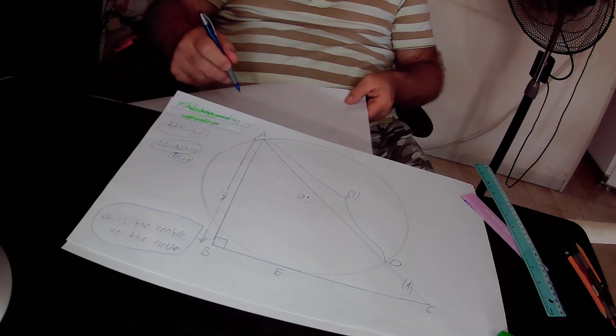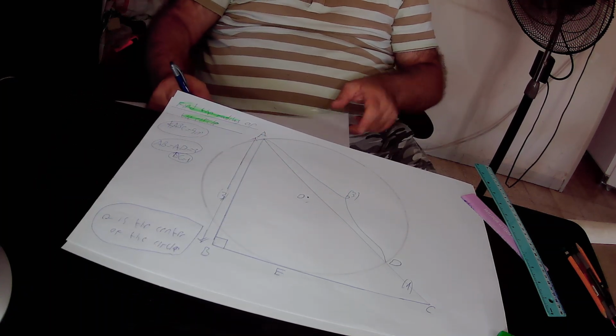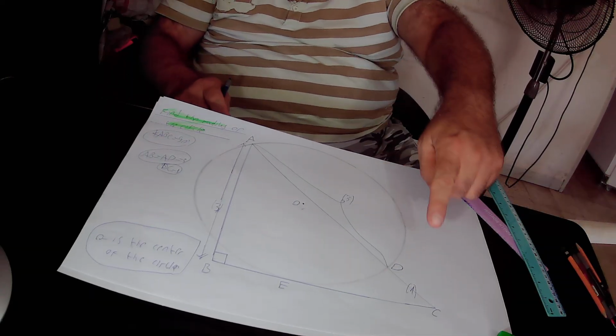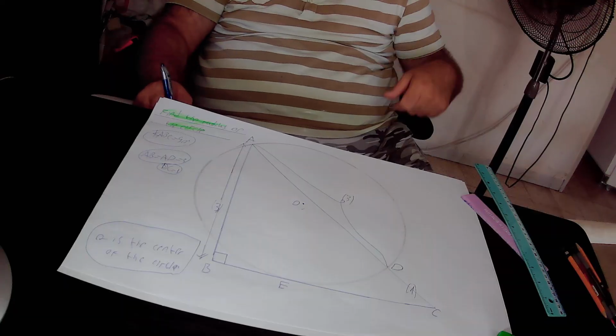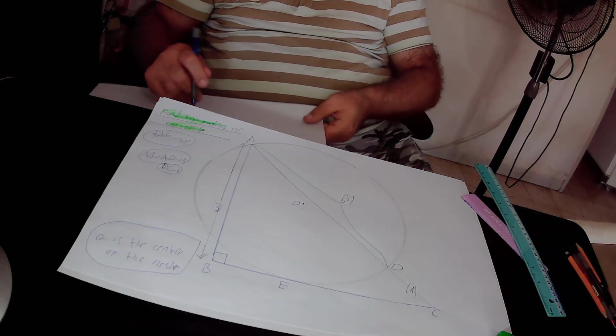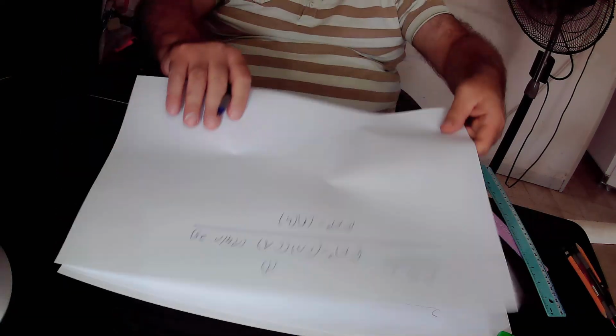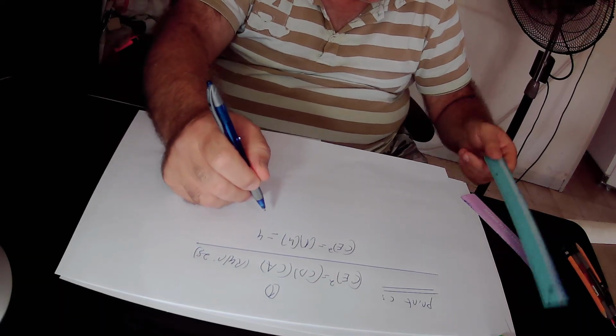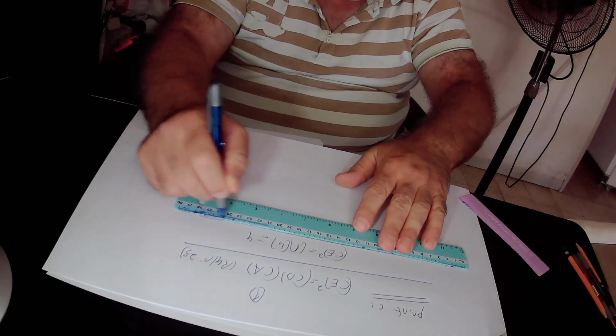CD is 1, times CA. CA in total equals 1 plus 3, that is 4. So in total, we found out that CE squared equals 1 times 4. 1 times 4 is 4, so CE squared equals 4.